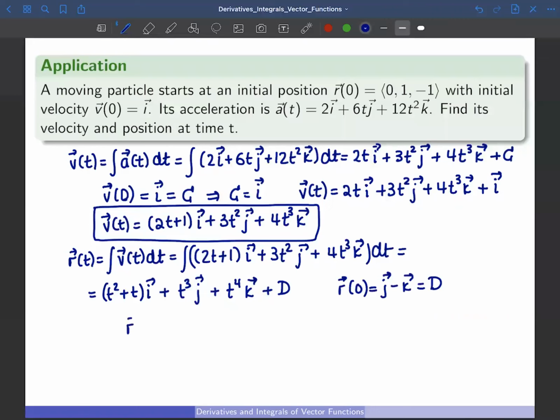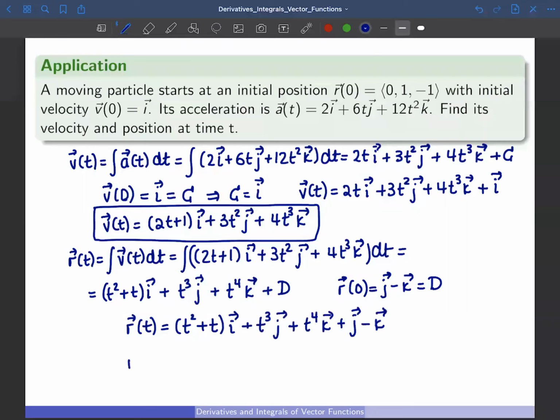So therefore, the position vector at any time t is given by t squared plus t times the vector i plus t to the third times the vector j plus t to the fourth times the vector k plus j minus k for d.